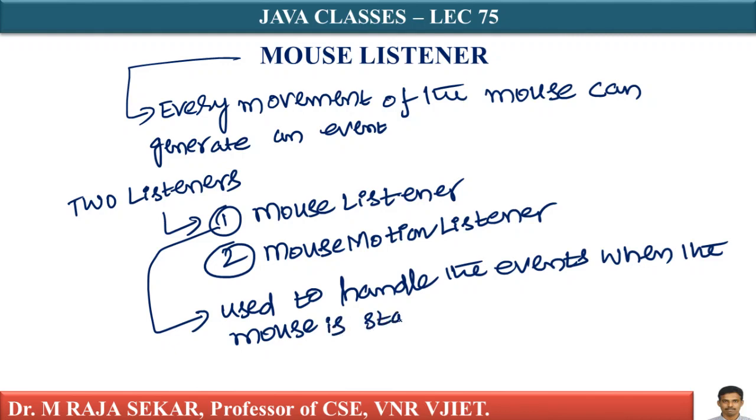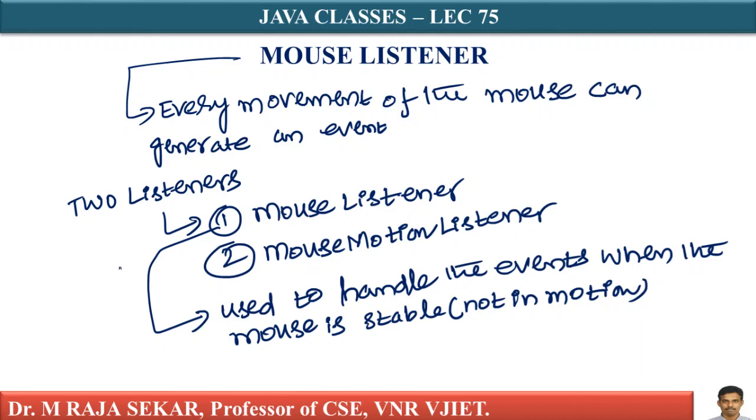What's the meaning of stable? Stable in the sense not in motion. That's the meaning, isn't it? Not in motion. The mouse listener includes 5 abstract methods. An alternative to mouse listener is mouse adapter.